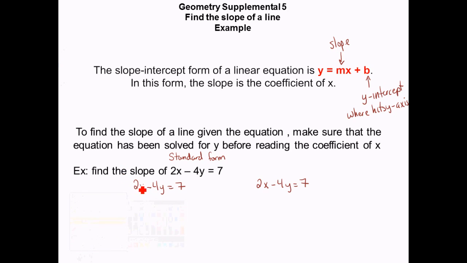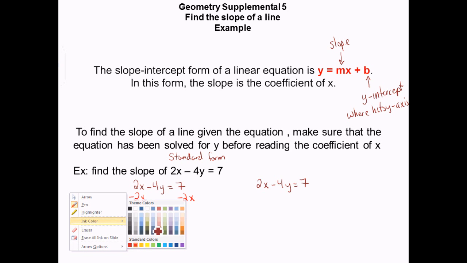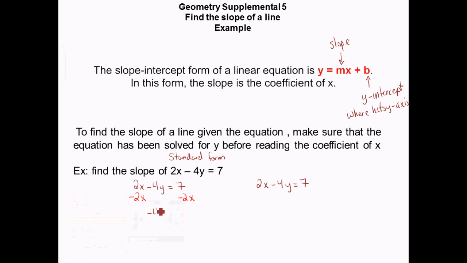The traditional method tells me to subtract 2x from both sides, which gives me negative 4y is equal to negative 2x plus 7. Here's why I don't like the traditional method so much: sometimes this confuses people and they subtract the 7 minus 2. But there's x's and no x's, so they can't combine.